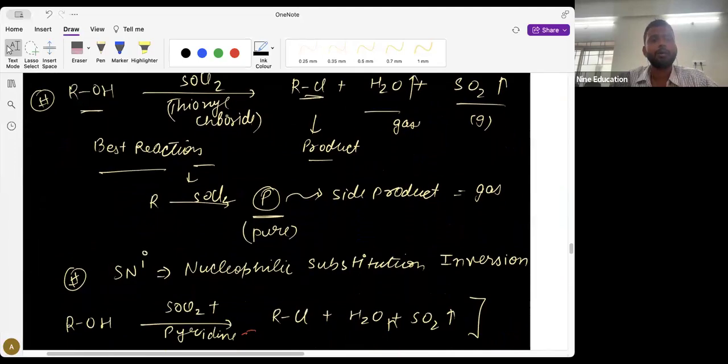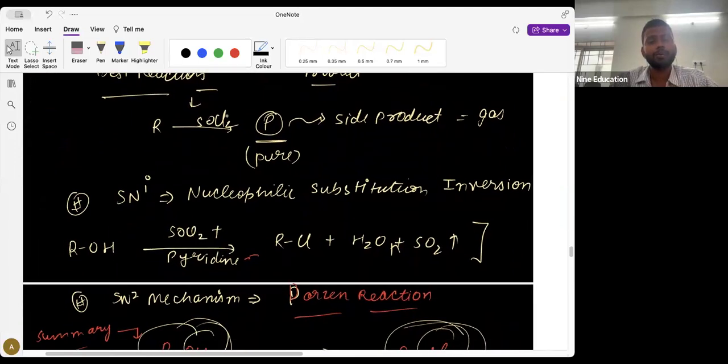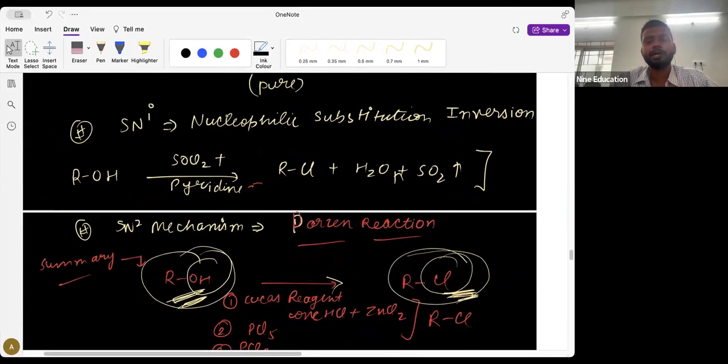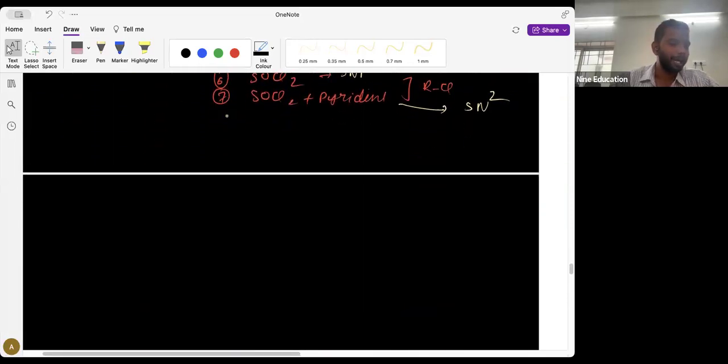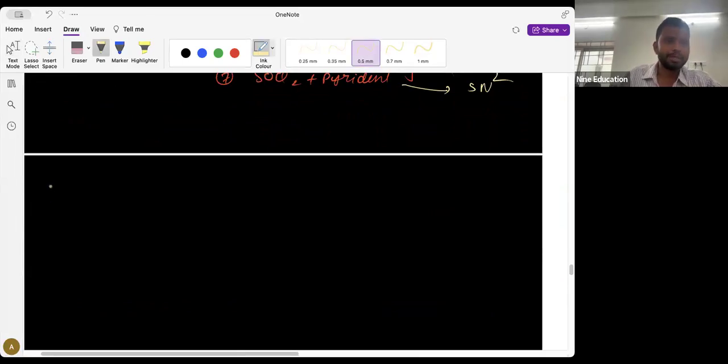Then SOCl2, thionyl chloride. Then we have thionyl chloride plus pyridine as a solvent. If we do it with pyridine, how would it happen? So this was all about preparation from alcohols. Now the next one we will see.